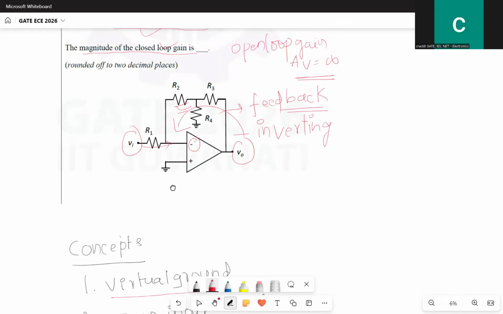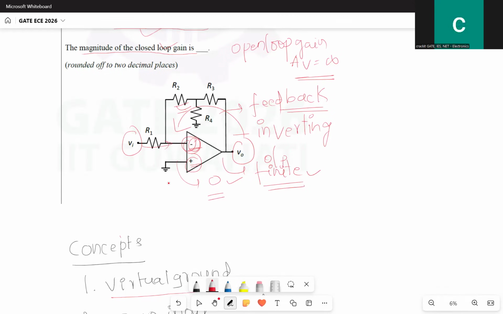What is the meaning of virtual ground? Because the open loop gain of an ideal op amp is infinite, the differential input between the inverting terminal and the non-inverting terminal should be zero for the output to remain finite.